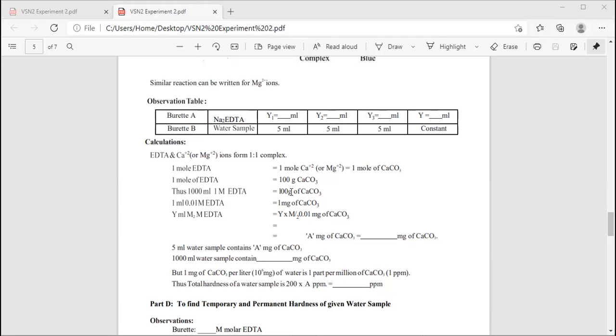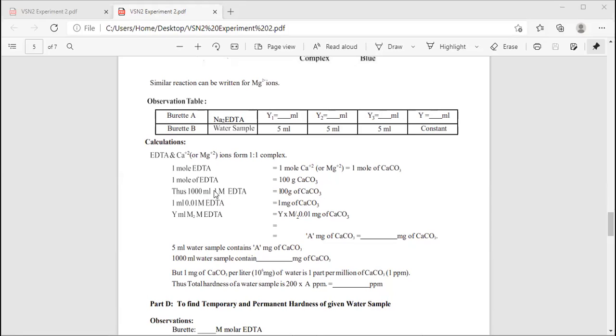How much will you get? 10 raised to 5 divided by 10 raised to 3 is 10 raised to 2. But the unit will be milligram. Earlier we converted into milligram by multiplying by 1000, so now when you divide it by 1000, the unit will be milligram.